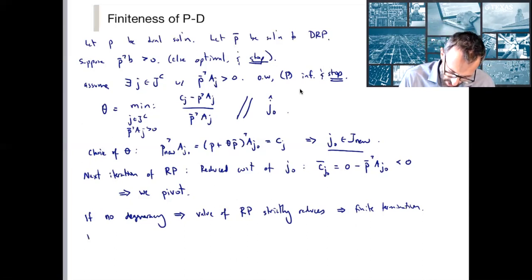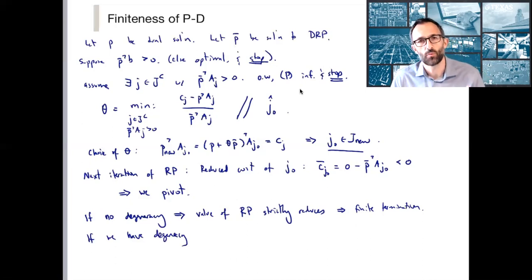But if we do have degeneracy, we need to take care, just to make sure that we never revisit the same basis. We haven't gone into the details of this in this class, but it is easy to accomplish this by adding a tie-breaking rule that's called an anti-cycling rule.